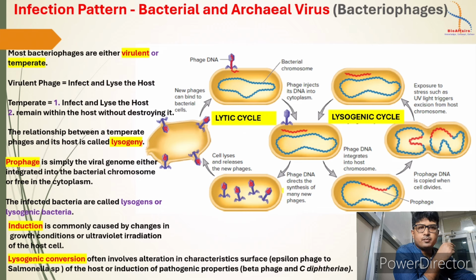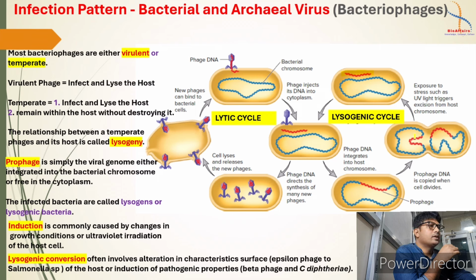But what happens in the case of lysogeny? Here you can see this genome. The first steps are the same: attachment, then penetration, then the genome undergoes replication. In this stage you can see that the red is the bacterial DNA and the blue is the bacterial genome or nucleoid.